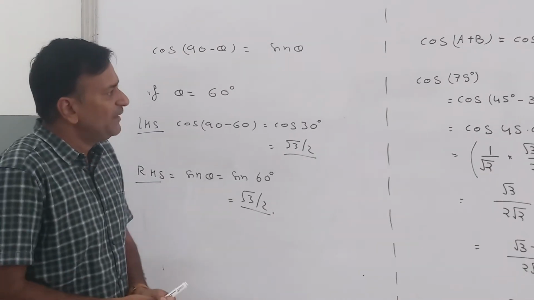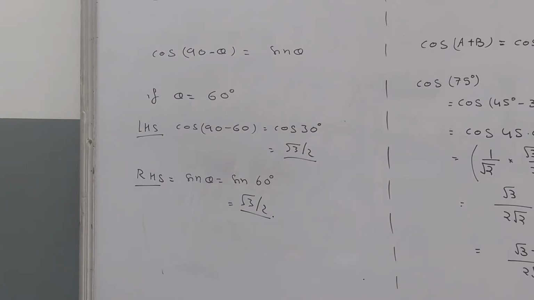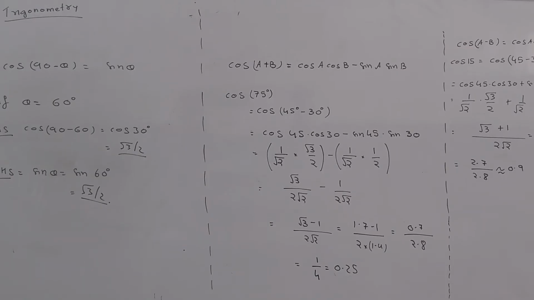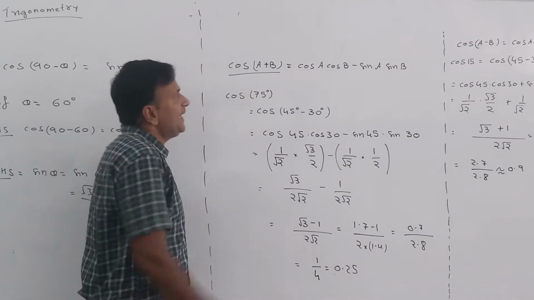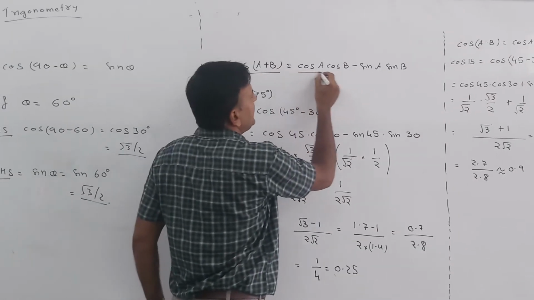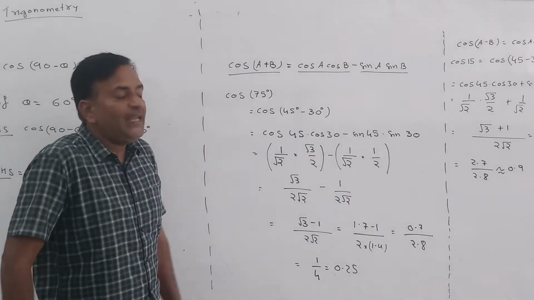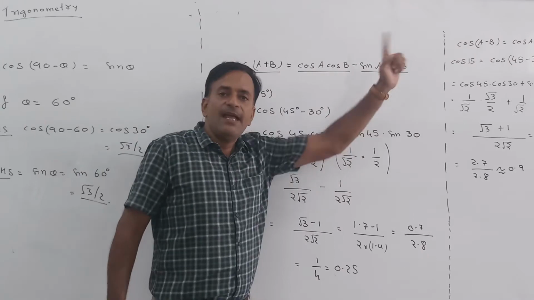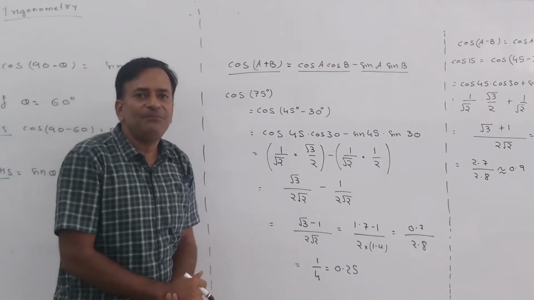Now coming to a few complex formulas. This first formula is cos(A plus B). Cos(A plus B) is equal to cos A cos B minus sin A sin B. Why do we use this formula?